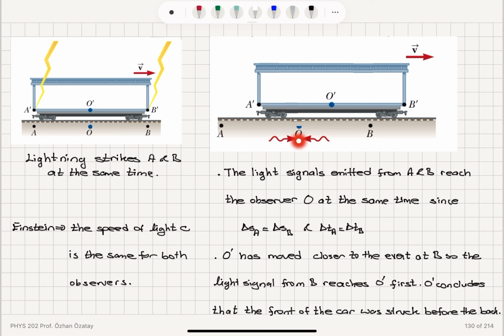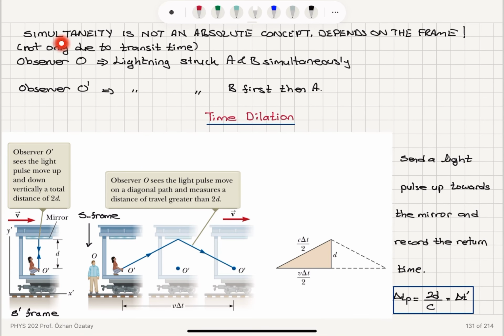So observer O says A and B were hit simultaneously, and the light pulse coming from B reaches observer O prime first, and then the light pulse coming from A reaches observer O prime. So the O prime observer will say B prime was hit first, then A prime. An event that appeared to be simultaneous in the Earth reference frame appears to be not simultaneous to the observer in the inertial reference frame that is moving with constant velocity v with respect to the Earth reference frame. All right, so simultaneity is not an absolute concept and it depends on the reference frame.